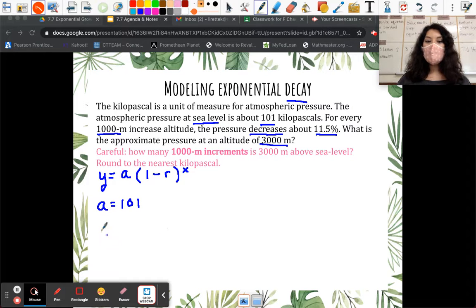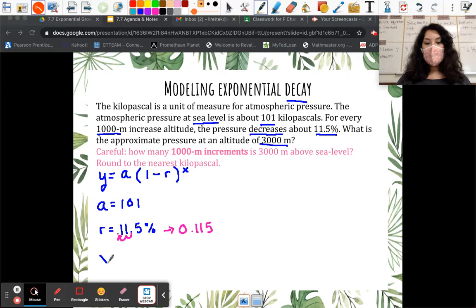The next thing that we need is our decay rate, which is often expressed as a percent. We're told that the pressure decreases by 11.5%. And again, I want to change this to a decimal, and I can do that by moving my decimal point 2 places to the left, which is the same as dividing it by 100. And here's the hard part about this problem.